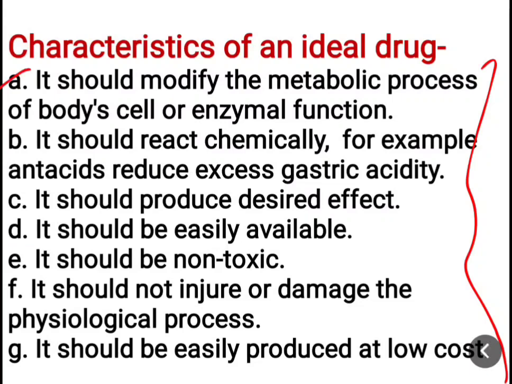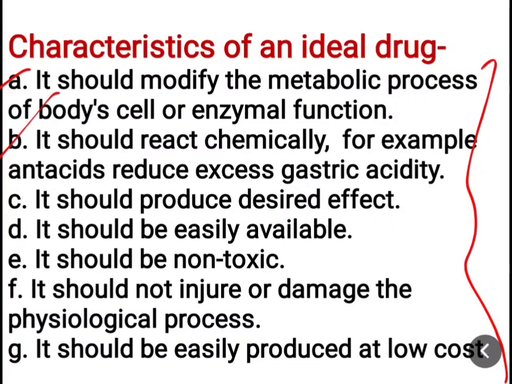First, it should modify the metabolic process of body cells or enzymatic function. That is, the drug we take should not affect or slow down the metabolic process or enzyme function; rather it should modify it. Second, it should react chemically.